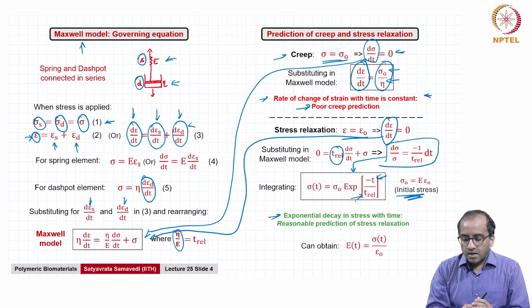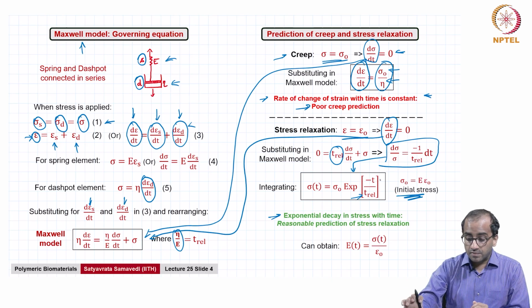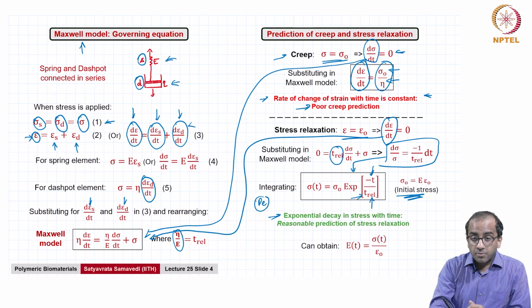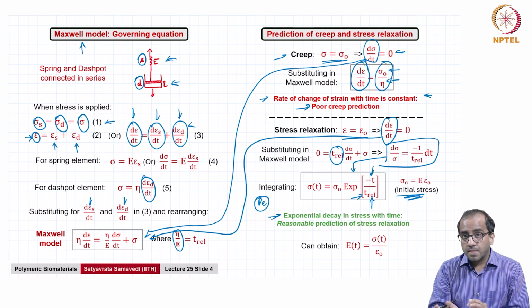And for very long times, or very small t relaxation times, you will end up getting viscous dominant behavior. That should make sense if you connect all of what I said to the idea of Deborah number that we saw in the previous lecture, namely lecture number 24.